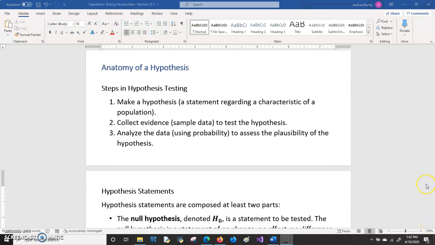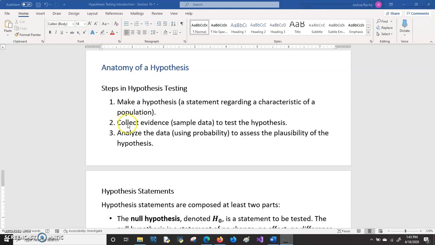Let's go deeper. When doing a study and conducting a hypothesis test, you could think of that study and hypothesis test as being made up of 3 main steps. Of course, there are other steps that you would probably take, but this breaks it down into the basic steps. The first step is that you would make your hypothesis, and that hypothesis would be based on your own knowledge as an expert and also your knowledge of previous studies on a topic.